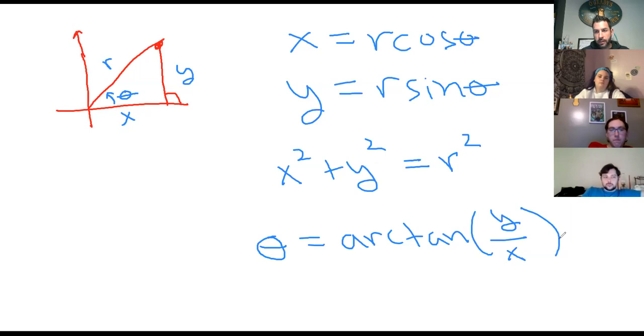Where is it located? And the best way humans have figured this out so far is to draw a coordinate system and measure the distance from points in the coordinate system, whether it's up and down, left and right, like you've been doing, or it's like this, where you say, okay, what is the distance between my point and the origin? And then what is the angle it makes with the horizontal axis? Does anybody have a question about this?